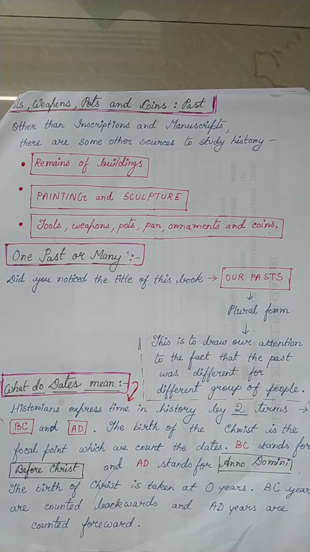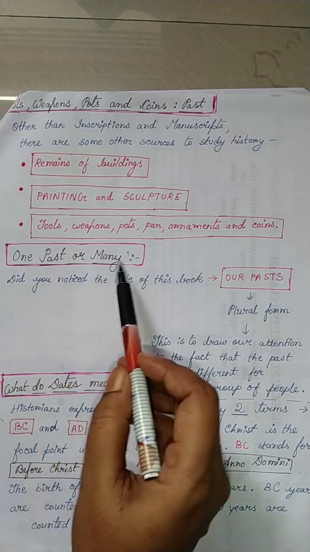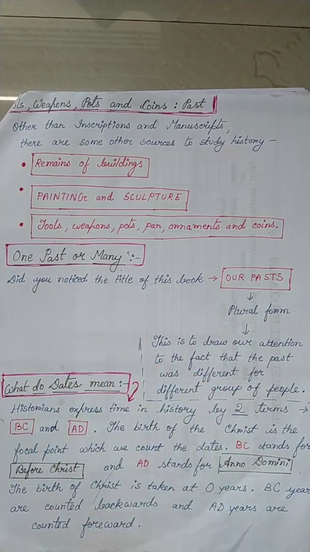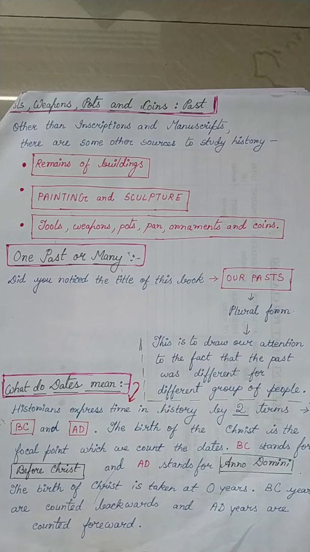Our next topic is one past or many. Students, have you noticed the name of our history book? It is Our Pasts. Why is it in plural form? Do you remember? In our previous video, we explained it.